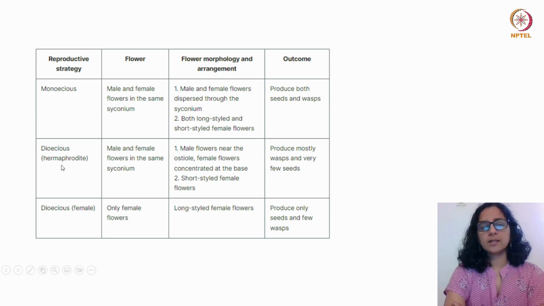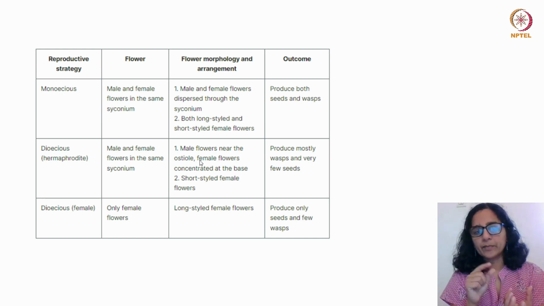In the dioecious, the hermaphrodite system, both male and female flowers are in the same syconium. Male flowers are present near the ostiole, and female flowers are concentrated at the base. You saw that in the figure in the previous slide. And there are short-styled female flowers.